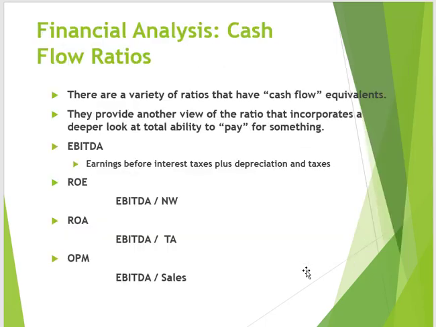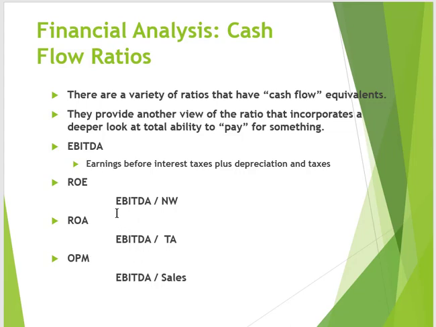The last thing we want to look at are what are referred to as cash flow ratios. We've had several ratios: return on equity, return on assets, and operating profit margin. All of those ratios we've talked about before, but they were in the context of line items. In this case, we're going to convert the other ratio, if you will, to a cash flow number.